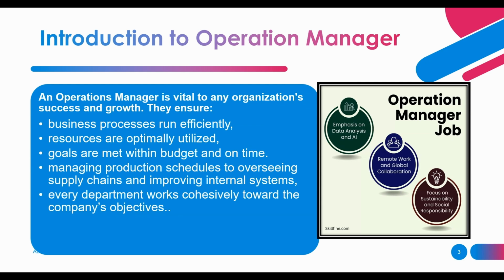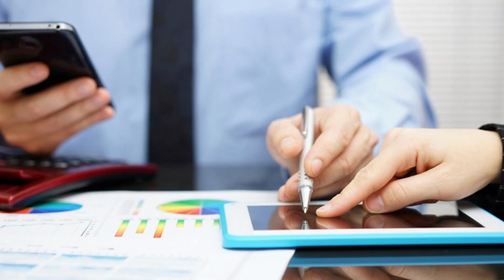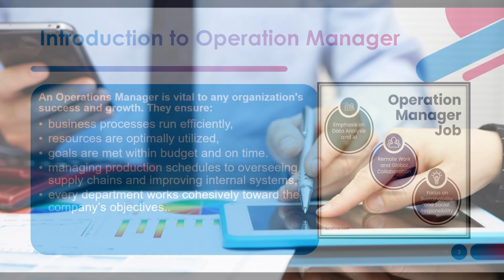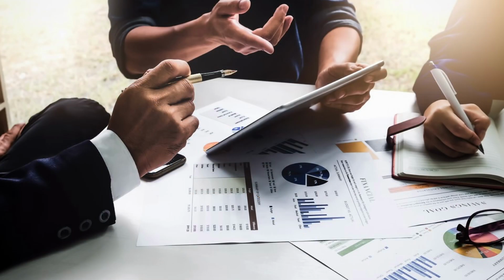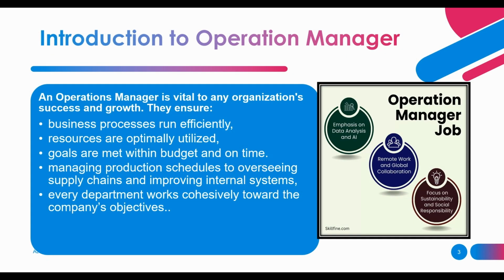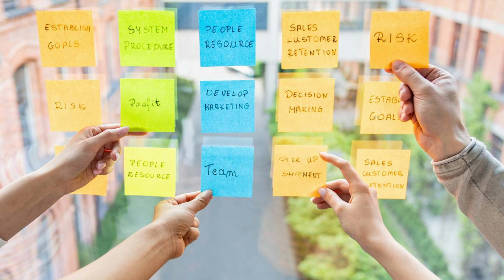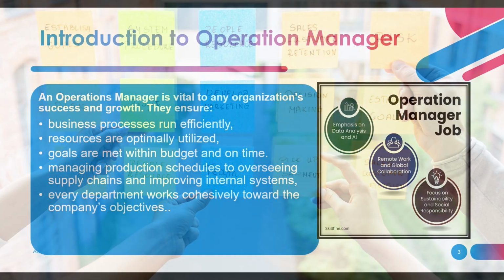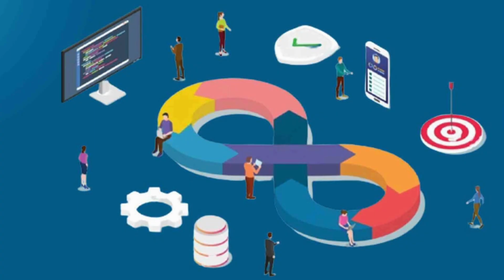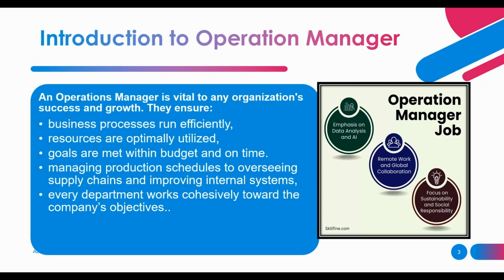An operation manager is vital to any organization's success and growth. They ensure business processes run efficiently, resources are optimally utilized, and goals are met within budget and on time, managing production schedules, overseeing supply chains, and improving internal systems.